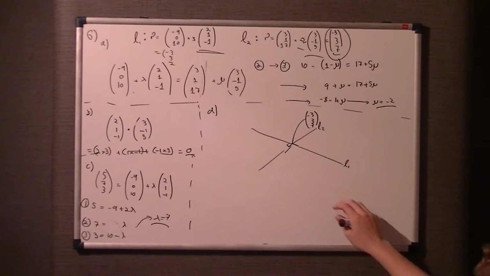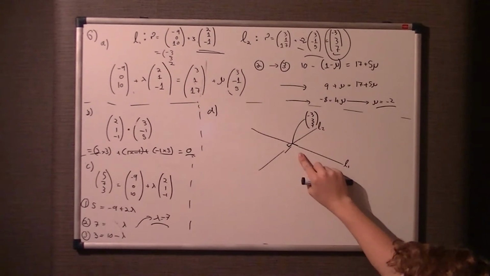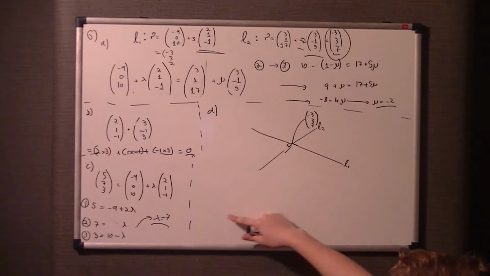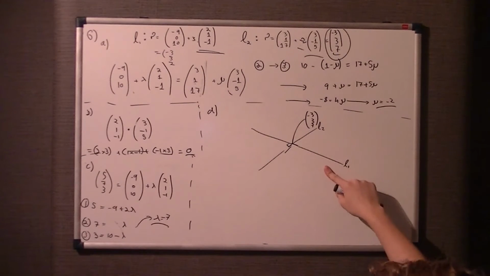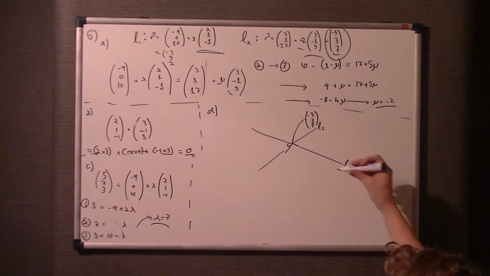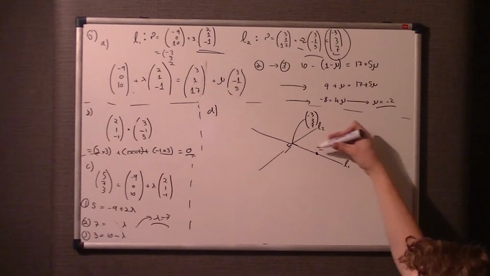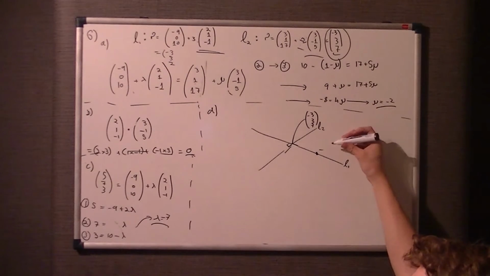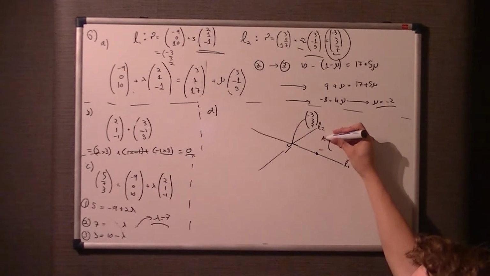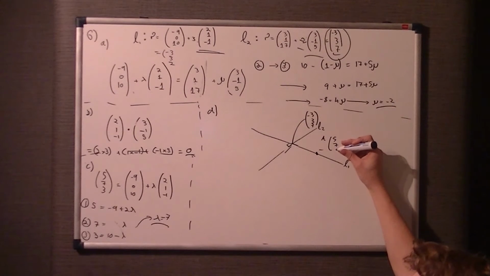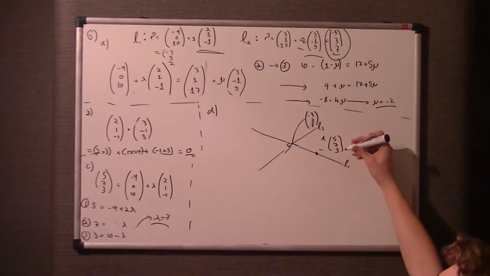We know point A lies on the line L1, that's what we've just proved, so we draw it somewhere on L1. It just happens to be over here, past this. On that I'm going to draw point A and its coordinates, which is 5i plus 7j plus 3k, or 5, 7, 3.